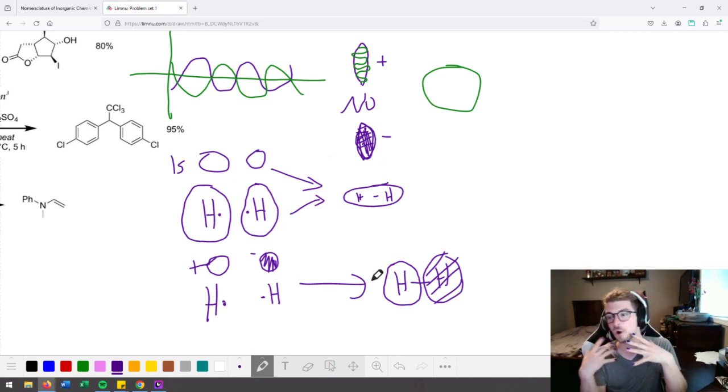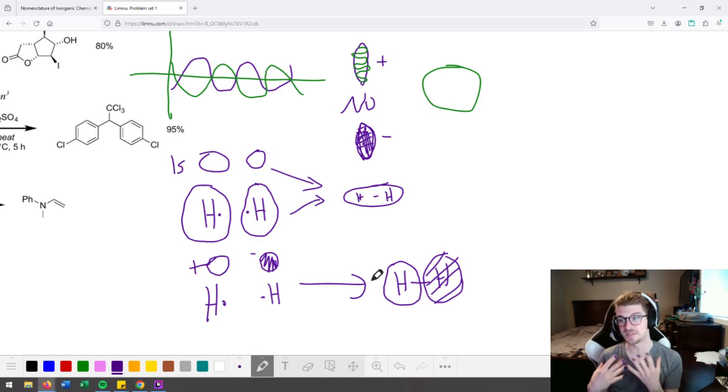because any overlap of these orbitals with opposite phase, just like up here, results in destructive interference. And so if you add these two wave functions together that are equal but opposite in phase, then they cancel each other out to zero.